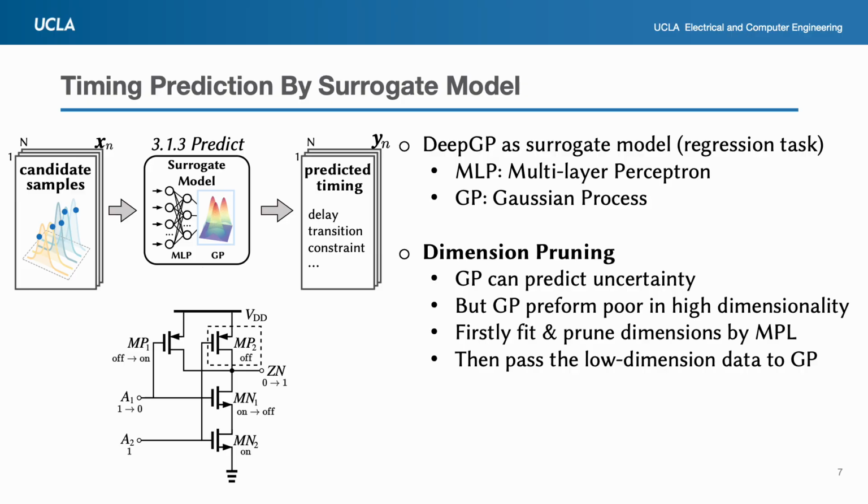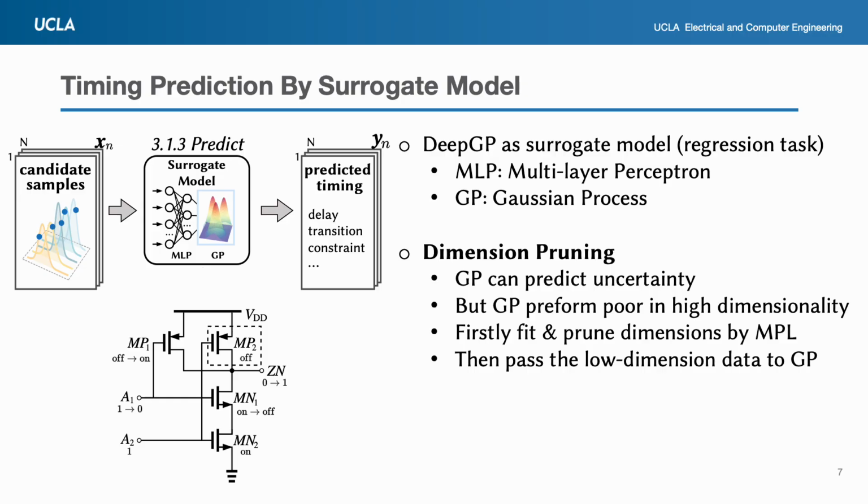We use the MLP to perform dimension pruning because we need the GP to predict uncertainty, but GP performs badly in high dimensionality tasks. We found there are many inactive or useless process variation dimensions.